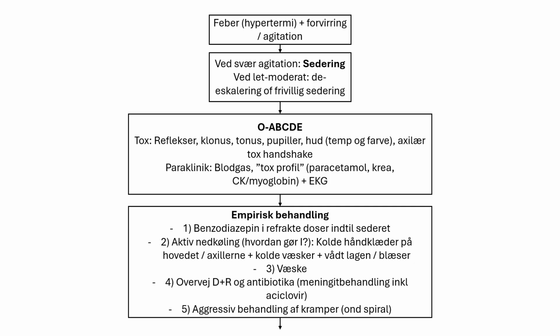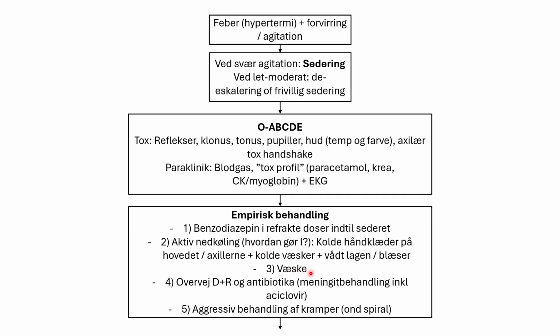Then I have my basis for toxidromes, to see which kind of toxidrome it is. I'll do these blood samples, and then empirically I'll treat them with benzos to sedate them, but also to avoid seizures, and also to cool them down, actually, because muscle movement is the main reason for their hyperthermia. I'll also actively cool them with towels.